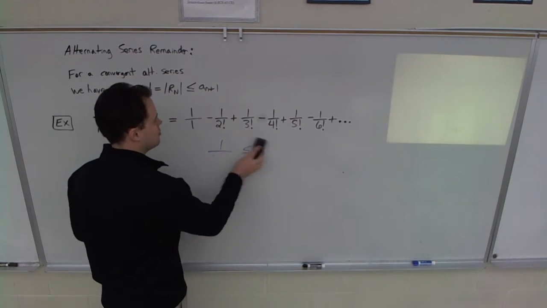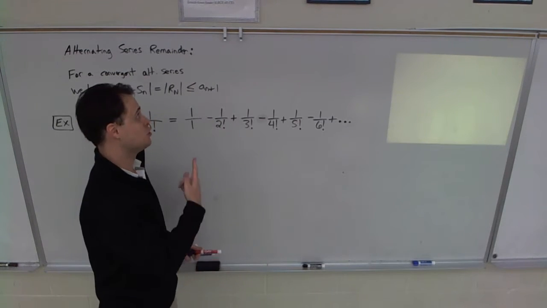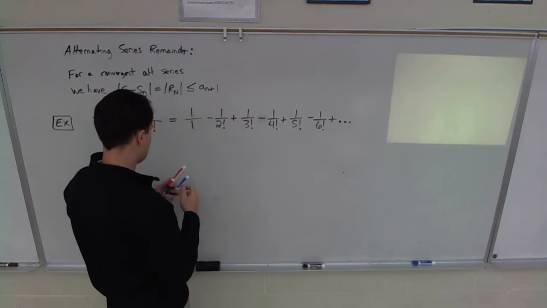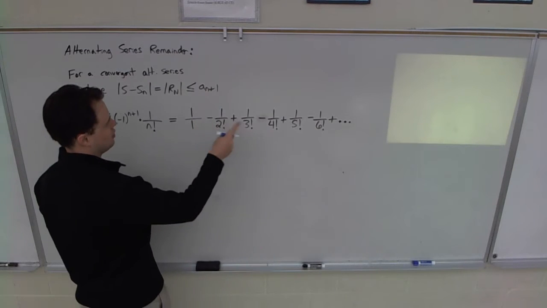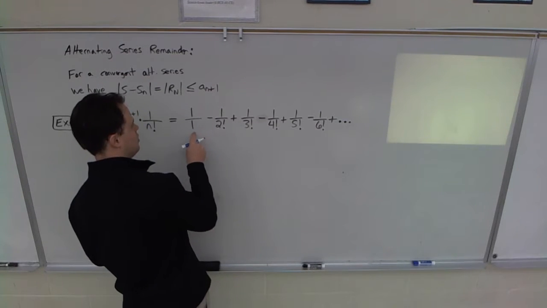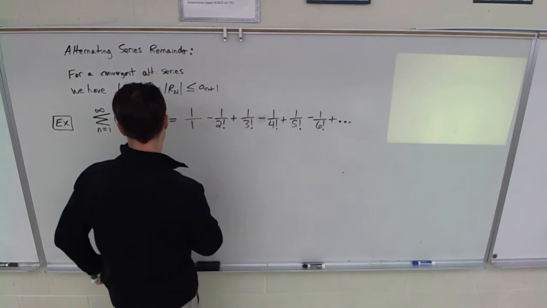Let's try to be a little bit more specific about what it converges to using the remainder theorem for this one. So the remainder theorem says, if you look at s sub 6, I've written it out this many terms, let's do that: 1, 2, 3, 4, 5, 6.